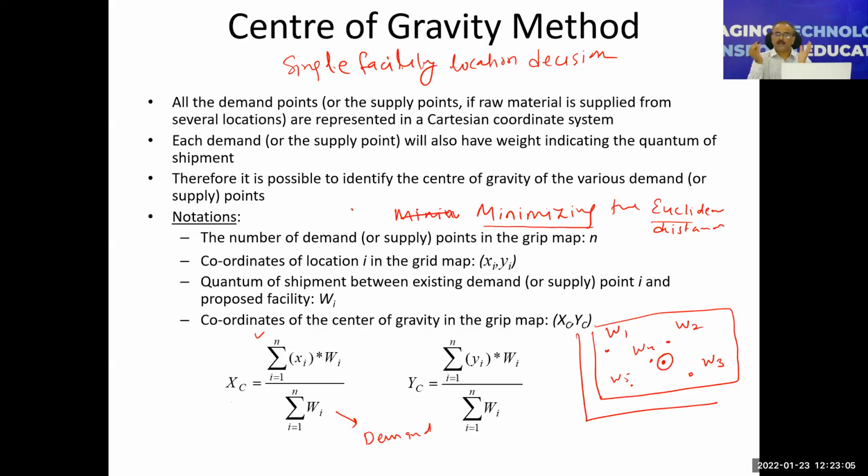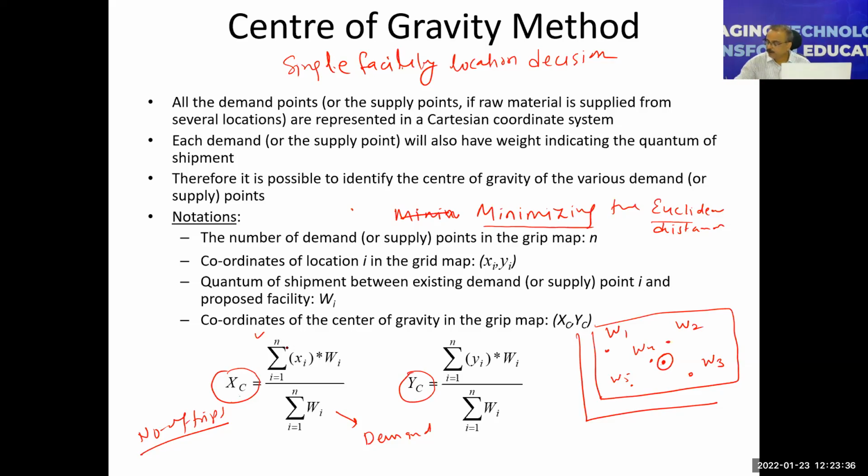If it is a location in a factory and it is a material movement, then the load or weight will be in terms of the number of trips of the material handling device. So considering these weights, you can arrive at the center of gravity, that means the location of the new facility in terms of its x and y coordinates.